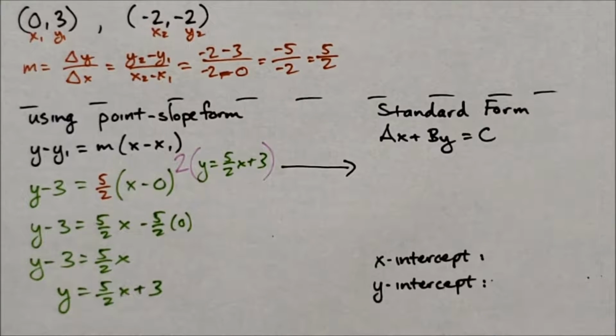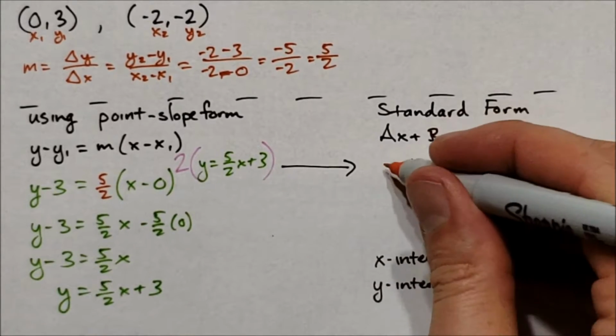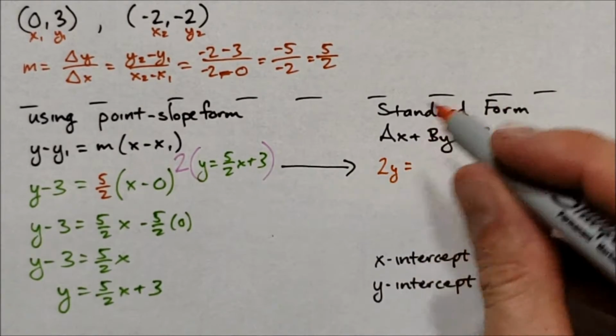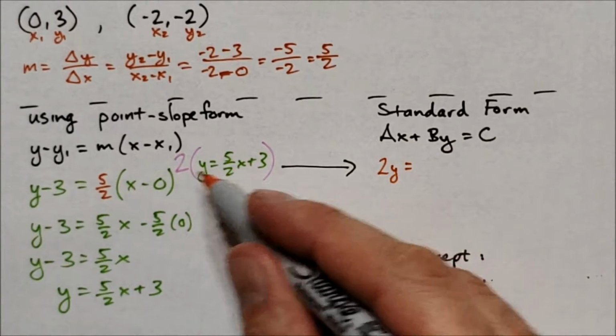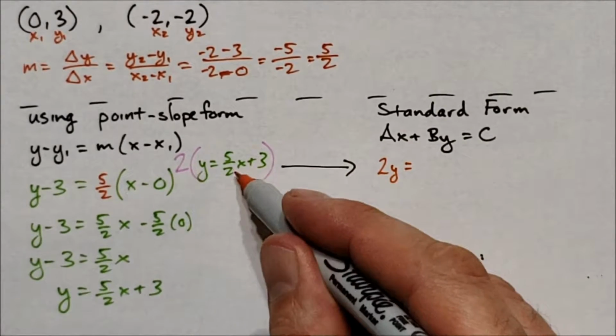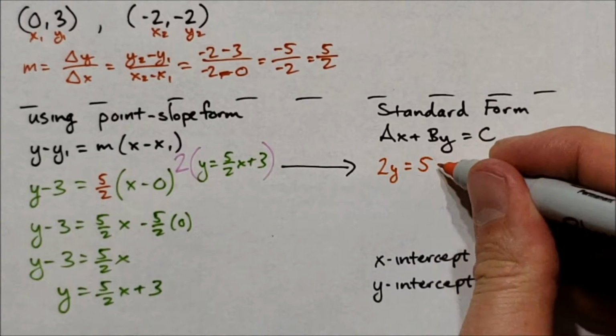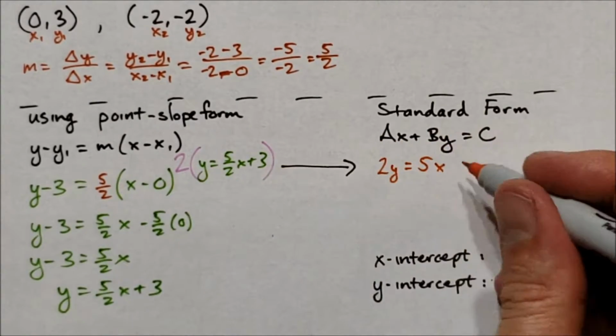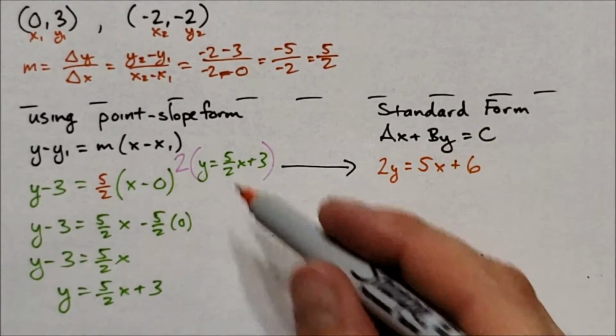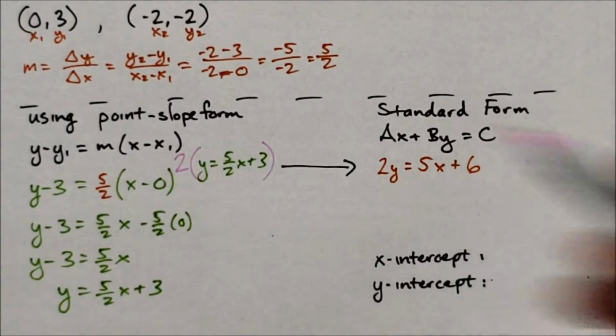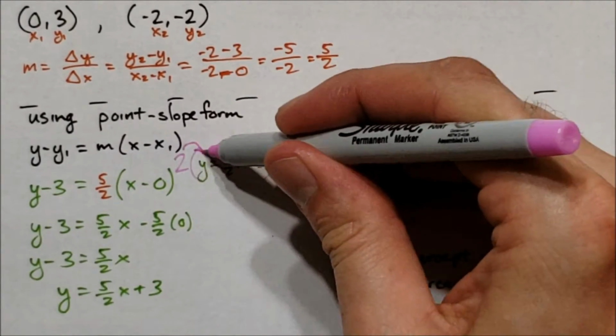When we do that, we're going to get 2y equals 5/2 times 2. The 2's are going to cancel each other out, so we're just going to have 5x, 2 times 3 as well, plus 6, because that 2 gets distributed to everything.